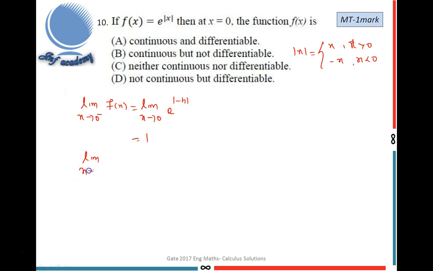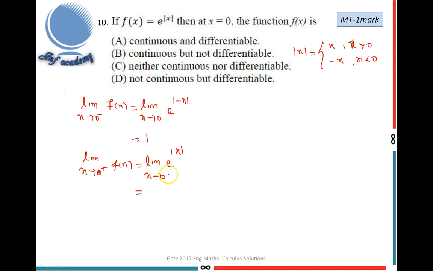Limit x tends to 0 plus, this is the right hand limit, f of x equals limit e power modulus x, this is x.